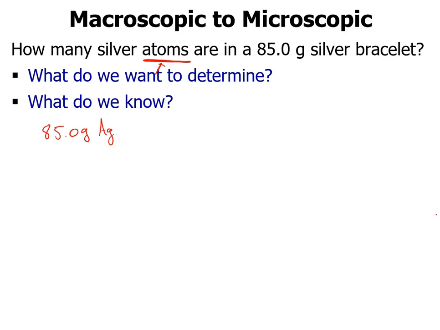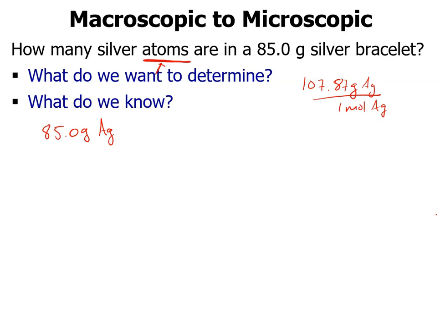And then we know that we're going to have to figure out the atomic mass for this compound. The atomic mass is going to be 107.87 grams of silver per 1 mole of silver.